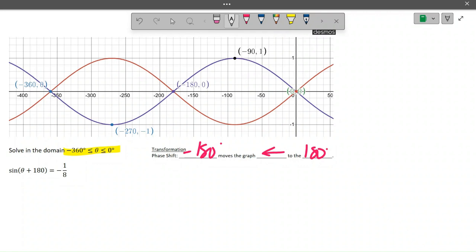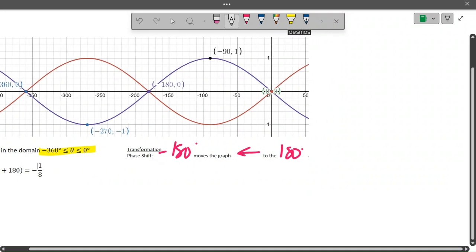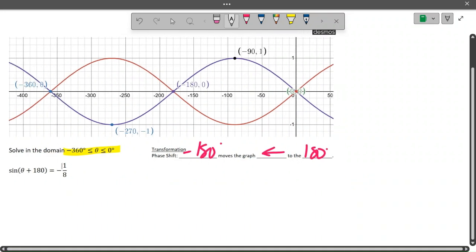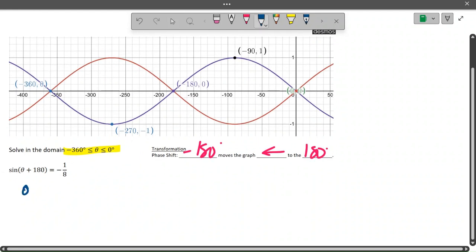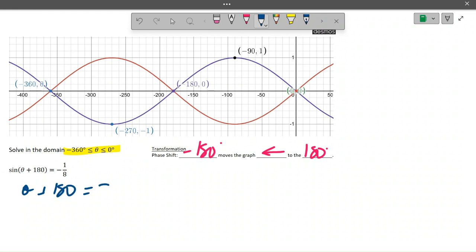So let's go ahead and get started by taking the inverse sine of both sides. When I do that, I end up with theta plus 180 equals the arc sine of negative 1/8. And I guess I should have drawn a line here. Negative 1/8, as a reminder, what scale am I on? 1, 2.